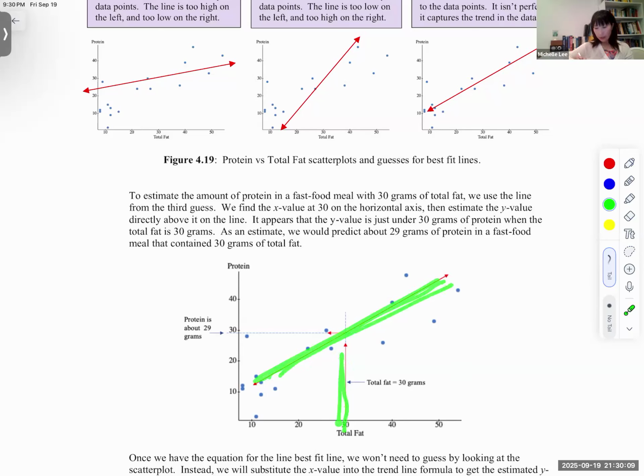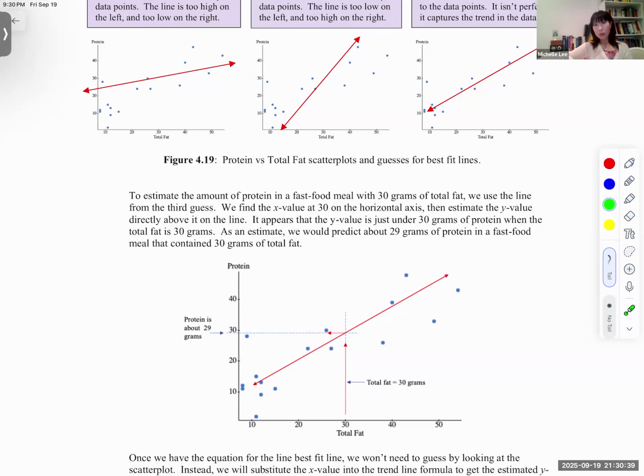If the total fat is 30 grams, what is the protein there? Most meat has protein and fat together, right? Then if we have the equation, just by looking, when we have 30 total fat, the protein is 20-something, a little bit less than 30, so about 29 grams.